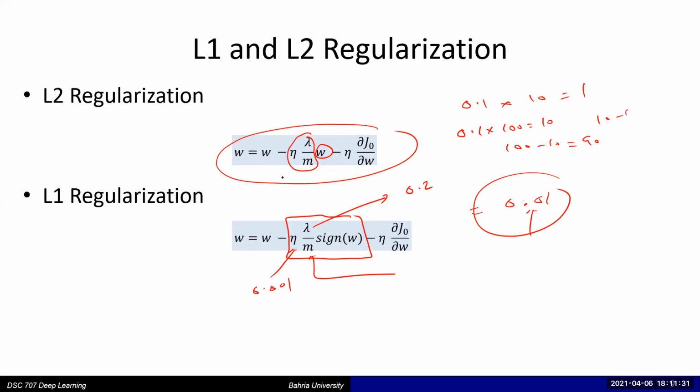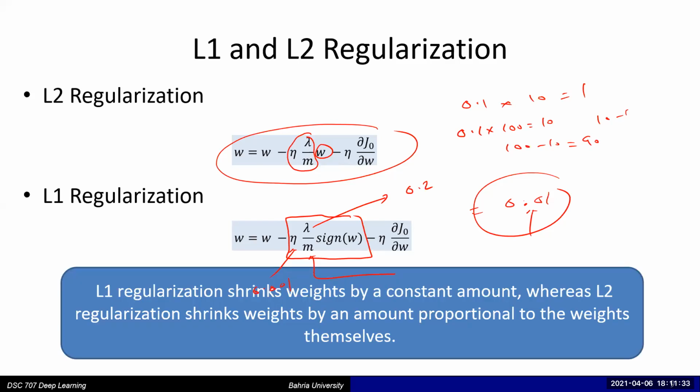The critical difference between L1 and L2 regularization is that L1 shrinks the weights by a constant amount, irrespective of the value of W. L2 shrinks the weights by an amount proportional to the weights themselves. If the weight has a high value, what you subtract is also relatively high. If W is small, what you subtract is also relatively small.